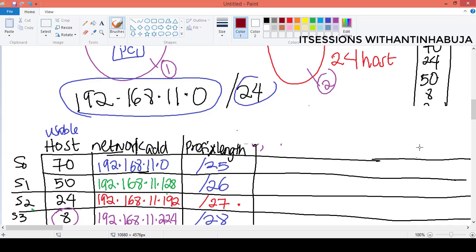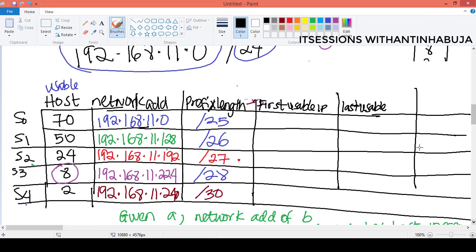So the next thing we do now is for us to know our first usable IP address, last usable, and then we have our broadcast address.